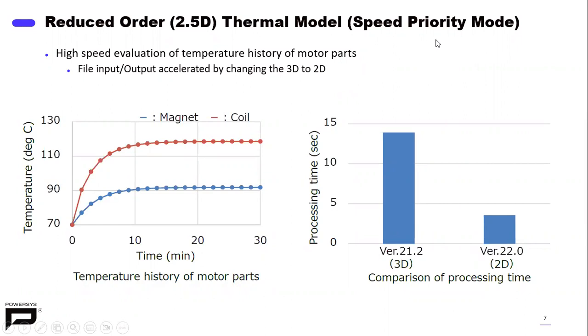The naming convention is because within a very short span of time, we can do the thermal modeling with 2D itself. That is what is given in this histogram chart. Here we see that till version 21.2, the processing time for the 3D thermal takes around 15 seconds or so, whereas in 22.0 with 2D itself, we can do it with less processing time.